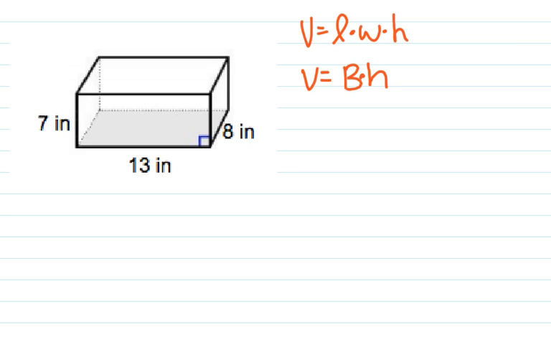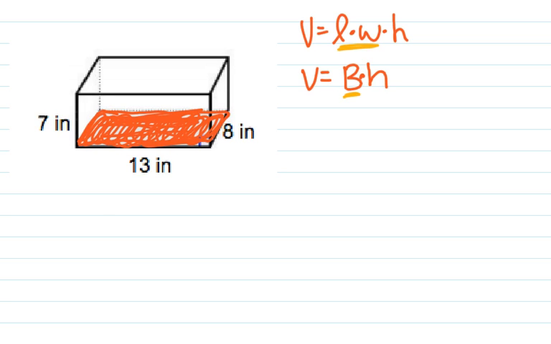In a rectangular prism, the base area is easy because the base area is always the area of the bottom rectangle. In fact, do you see that length times width? That's how you find the base area of a rectangle, correct? That's how you find the volume piece you need.